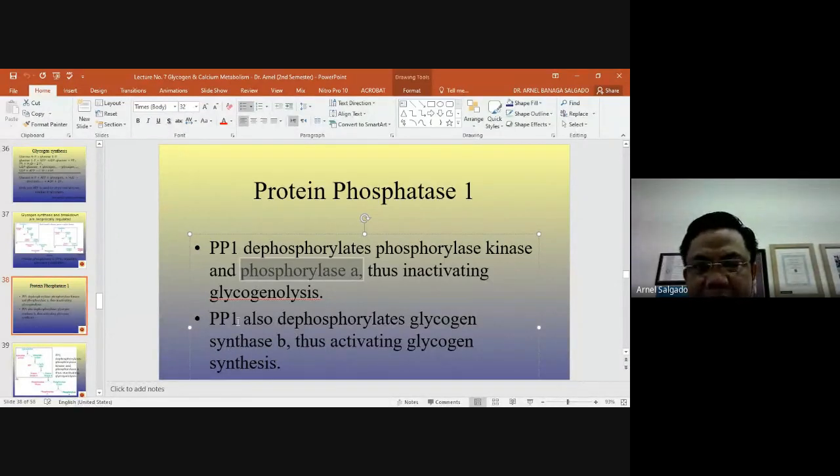This one inactivates, this one activates. Either or. It activates glycogenolysis, or it activates glycogen synthesis. See? That is how your protein phosphatase works.